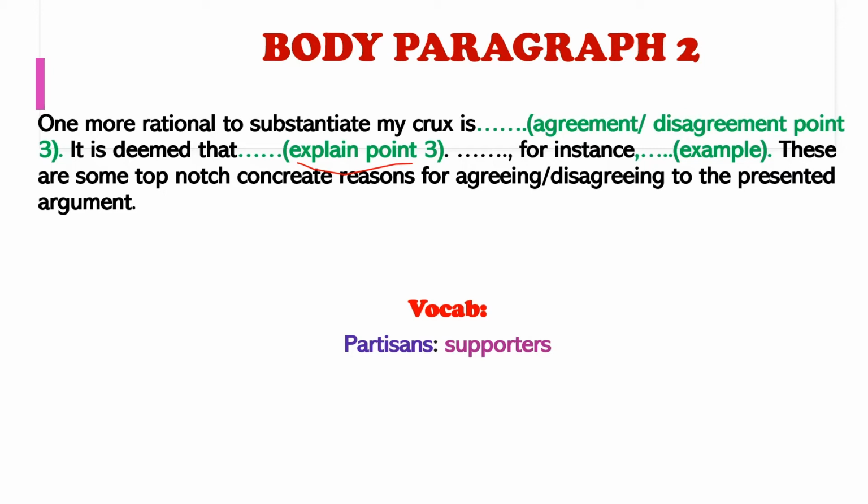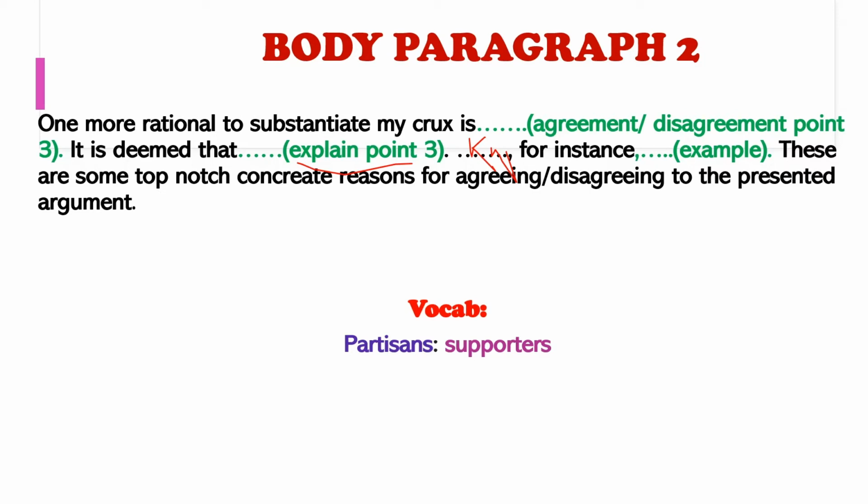So whatever the key point of your example is, write the keyword here. Okay, and then give for instance. So art exhibitions, for instance, IPL, for instance, is sponsored by many businesses, leading it to become one of the famous franchises in the world, something like that.